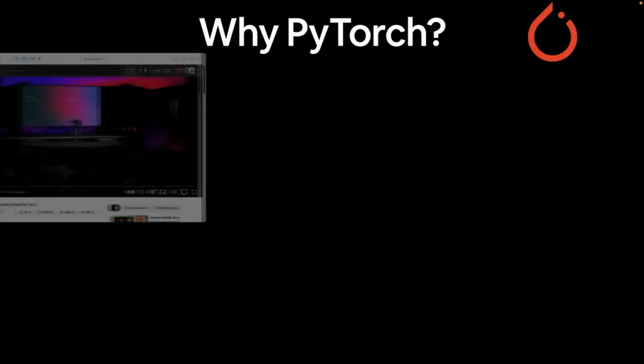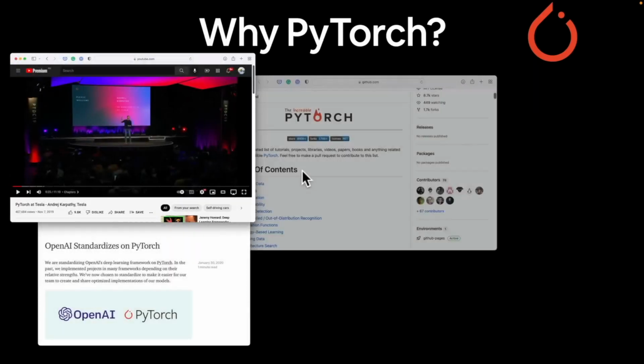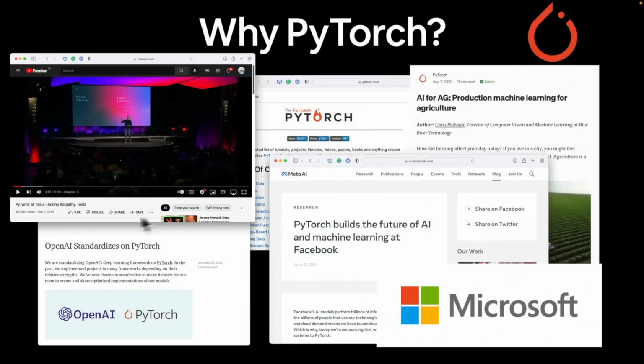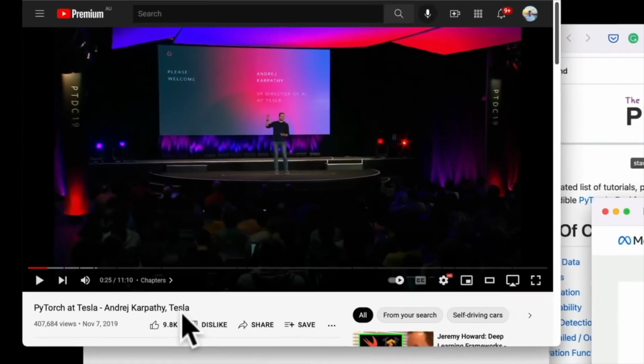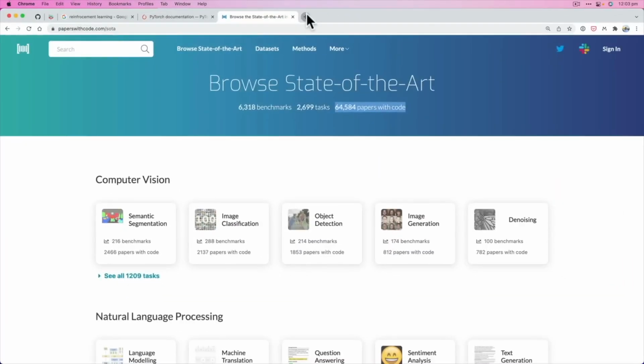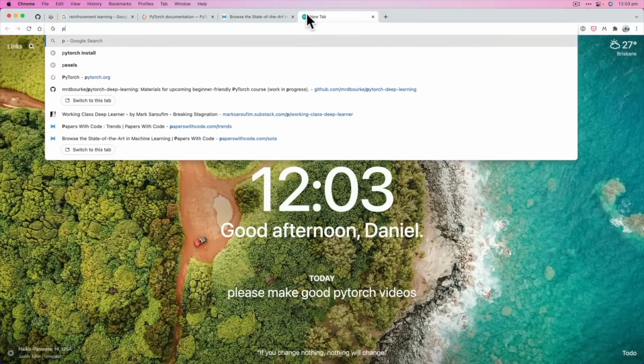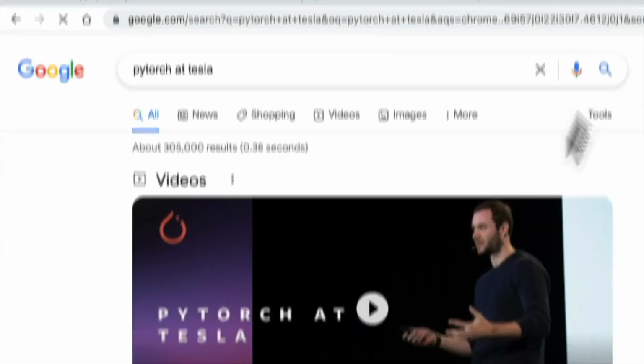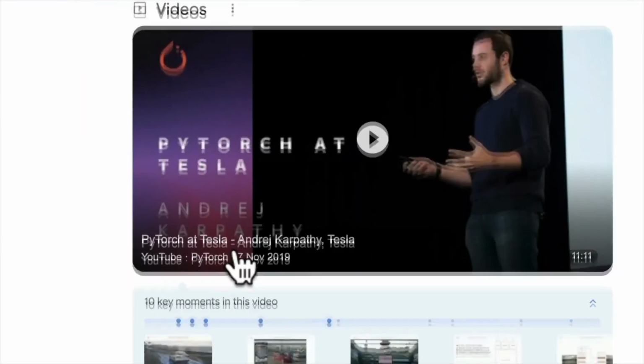Why PyTorch? If you want some more reasons, well, have a look at this. Look at all the places that are using PyTorch. It's just coming up everywhere. We've got Andrej Karpathy here, who's the director of AI at Tesla. So if we search this, PyTorch at Tesla. We've got a YouTube talk there.